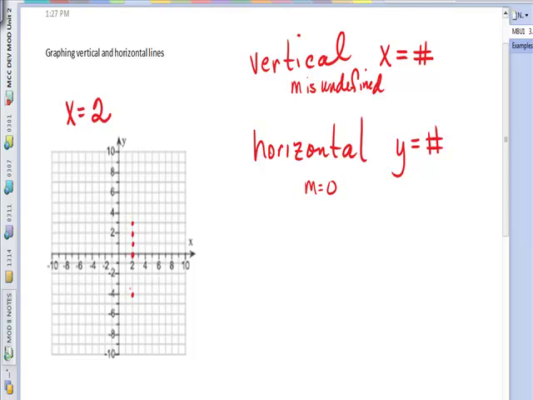All I need to know is that this line cuts through the x-axis at 2. So here it is. When you're doing it in MATLAB, you will still have to click on 2 points, any 2 points along that vertical line.